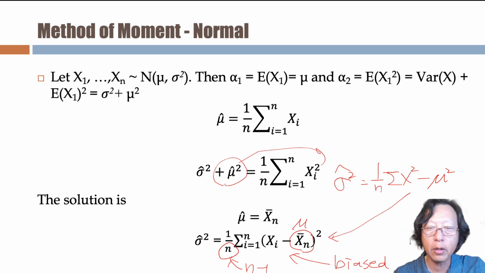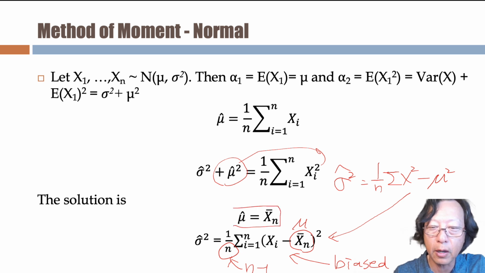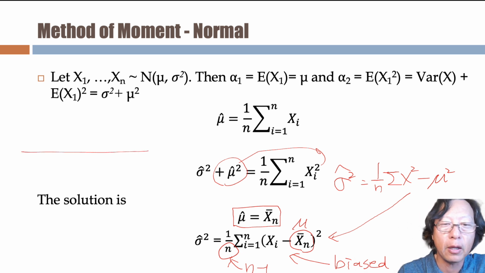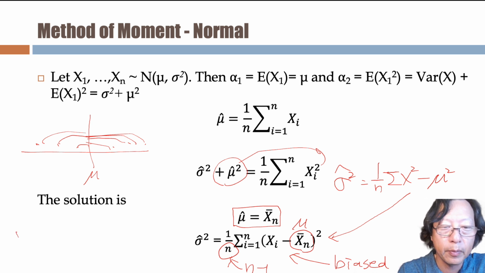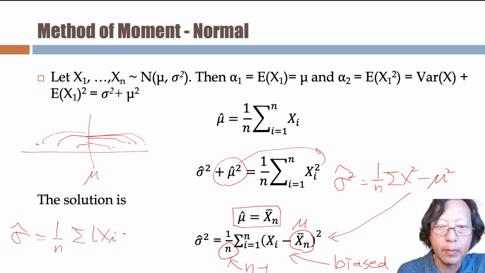However, once we replace our mu with the x bar, this becomes biased. The reason is like that. When we select the sample, if we know the real mu, then if you calculate the distance and then square and add up, calculating the variance, it will be unbiased. So if we have a formula this way, 1 over n sigma xi minus mu square, this is unbiased.